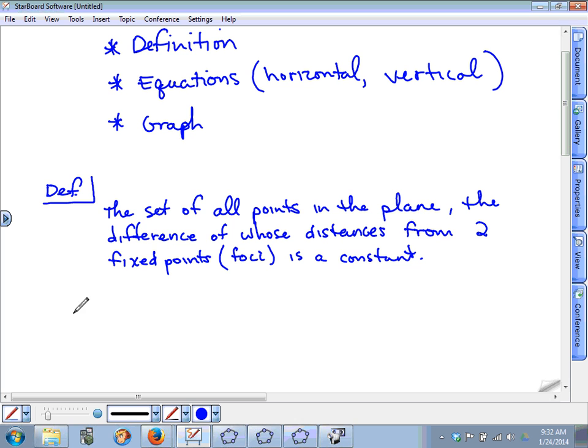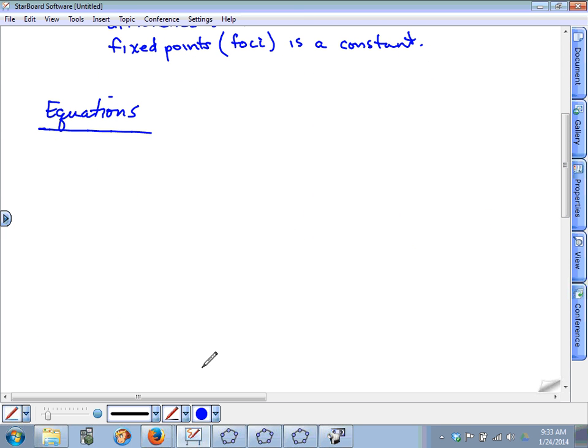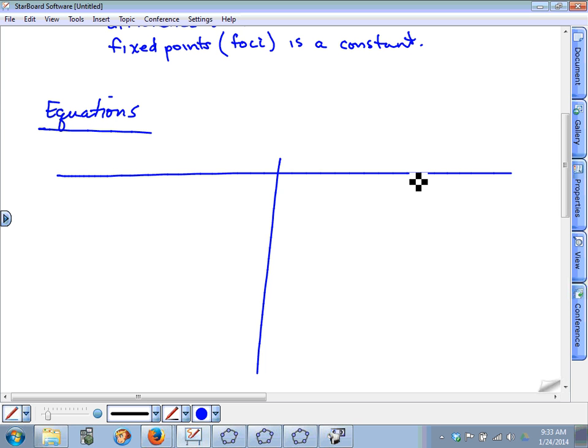So, let's take a look at the equations. They're very, very similar to that of an ellipse. There's one big difference. Split your paper again. We'll take a look at the one that's horizontal and compare that to the equation of a hyperbola that's vertical.